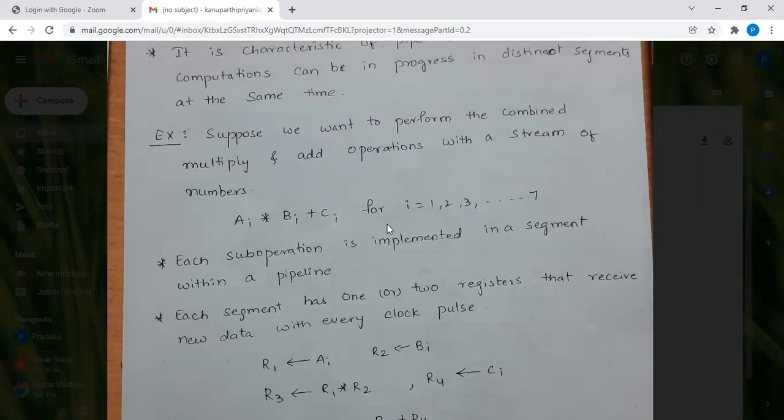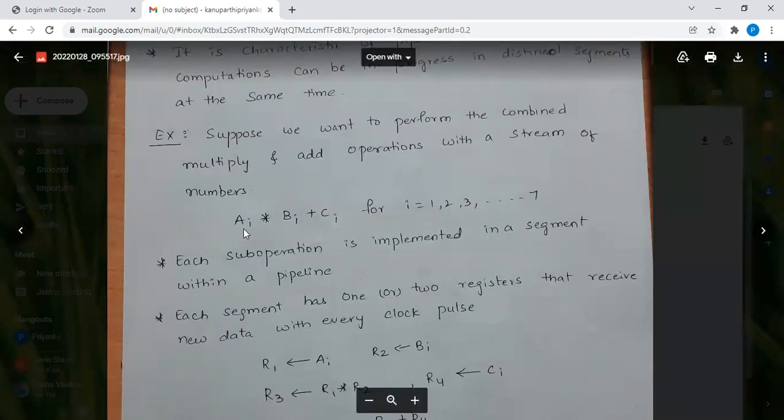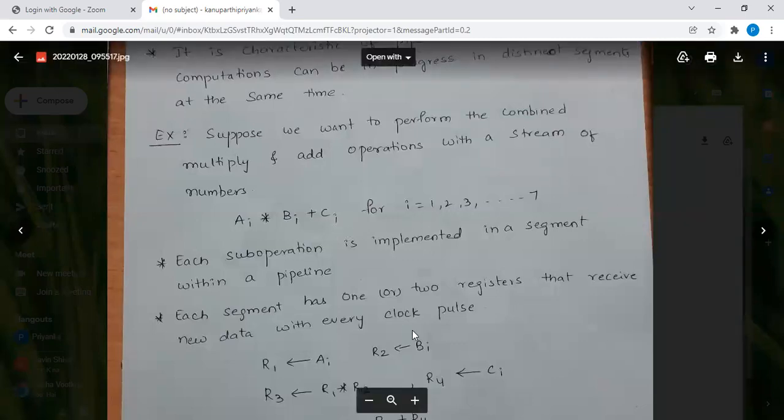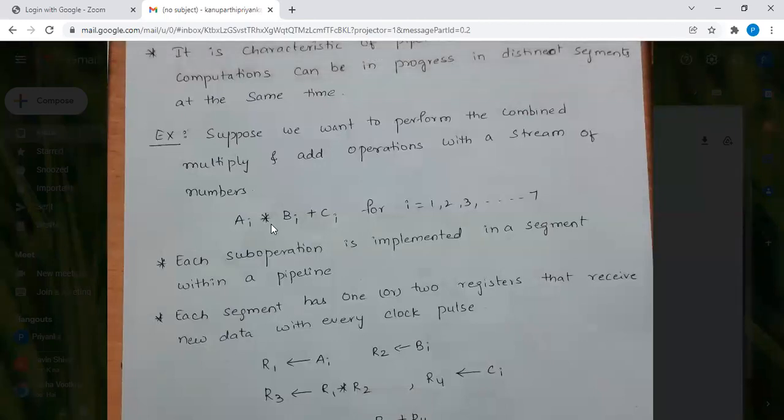Then this is how it is going to be: Ai times Bi plus Ci, which means for i equal to 1, 2, 3, 4, 5, 6, 7, and so on. These are operations, right? Multiplication and addition. Each sub-operation is implemented in a segment within a pipeline.